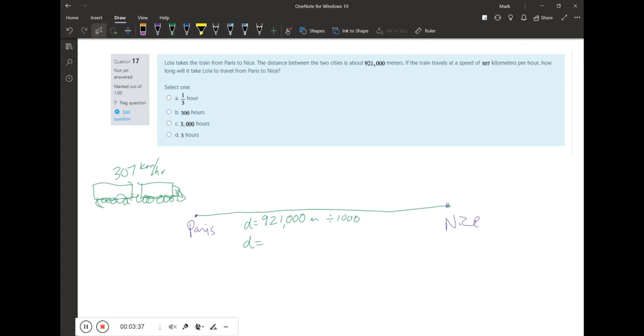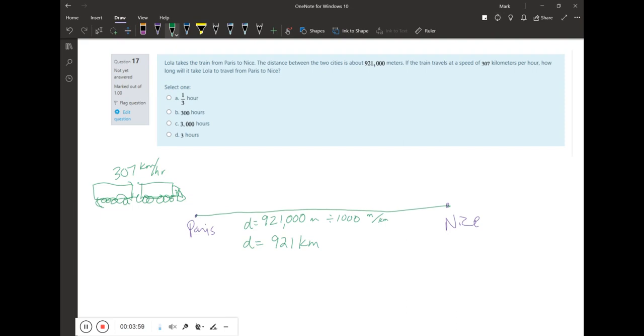Because of 1,000 meters per kilometer. And we get 921 kilometers, which sounds more reasonable. Okay, still not a short distance.